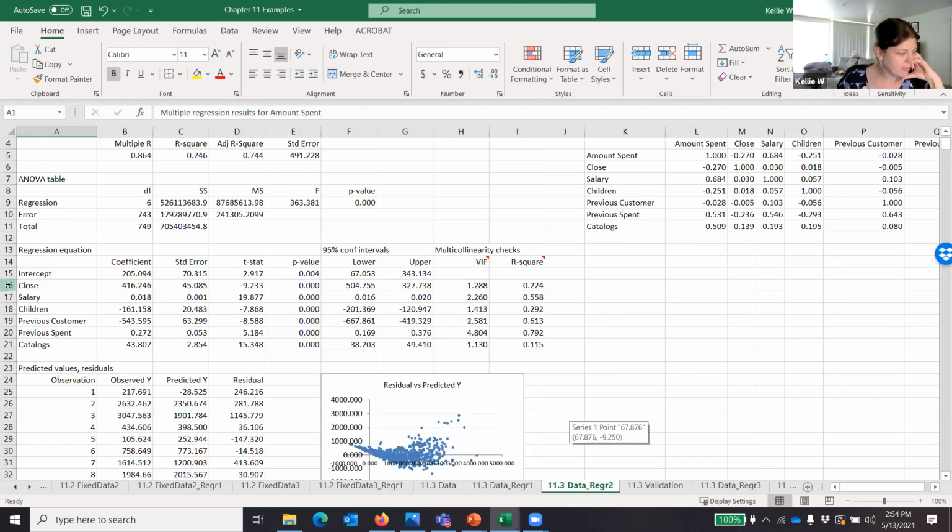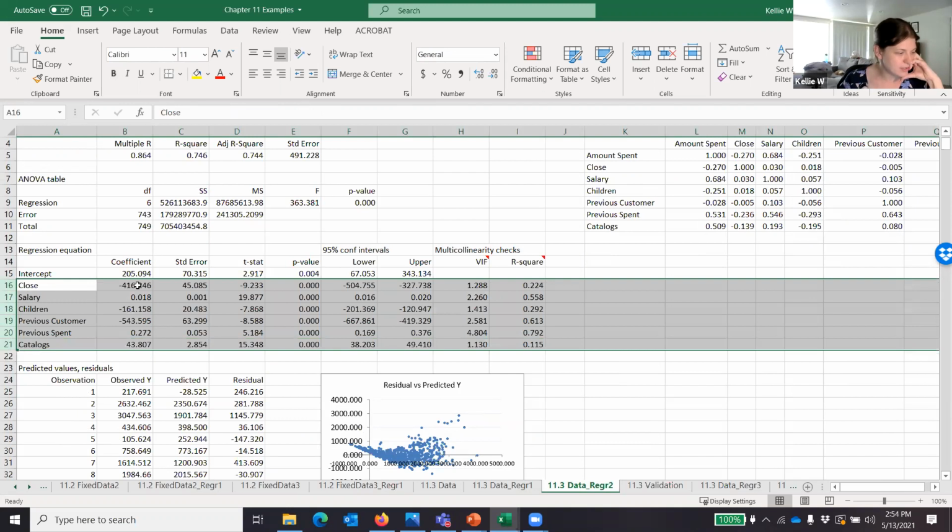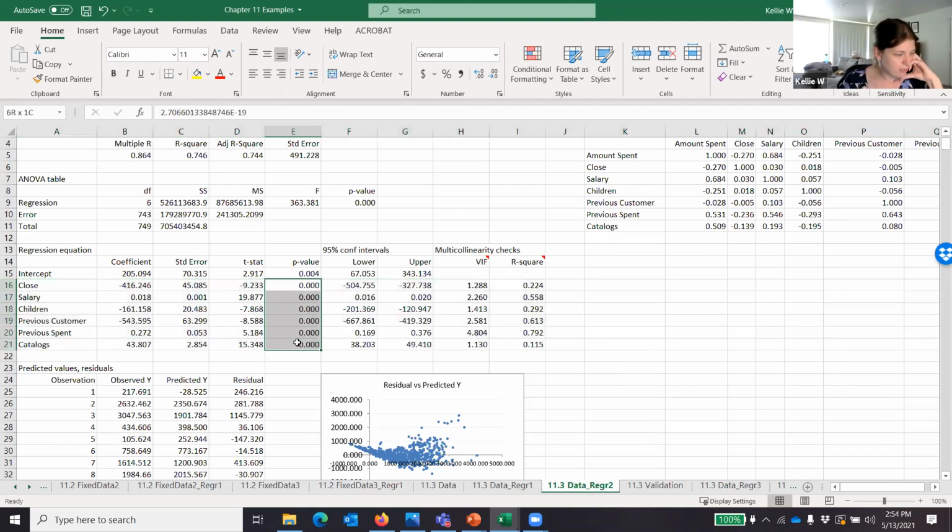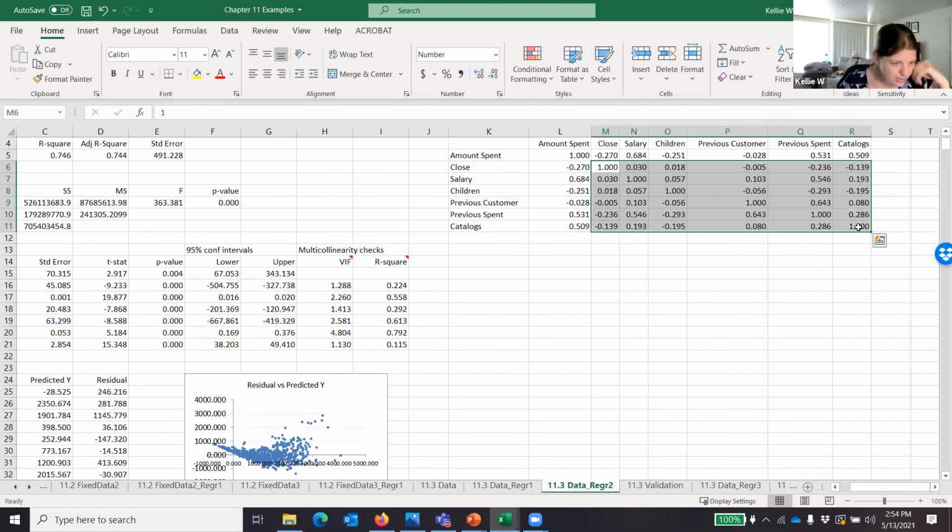All right, so now we're left with these ones. Now all their p-values are good, and these are some really high t-stats. Again, I'm looking for stuff in here that's high.